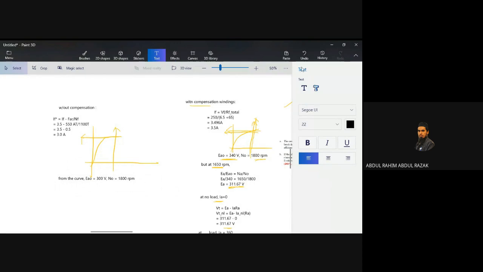So the same steps follow. But at 1650 RPM, what happens?